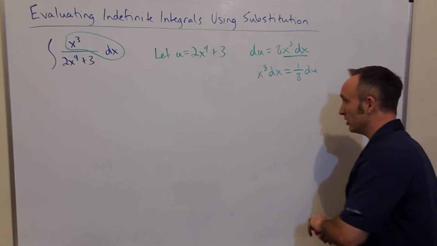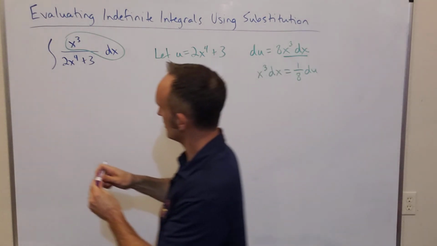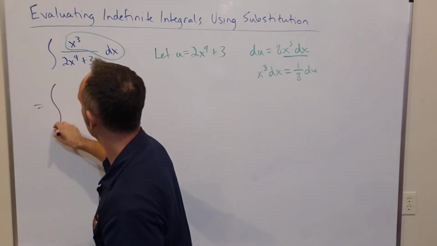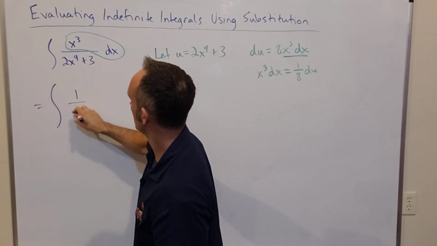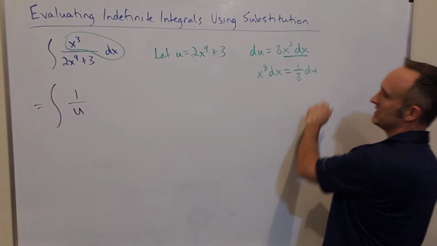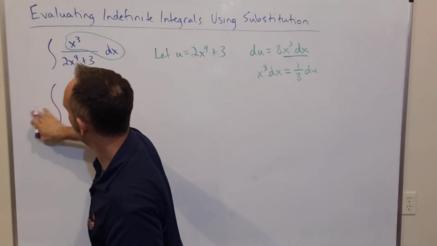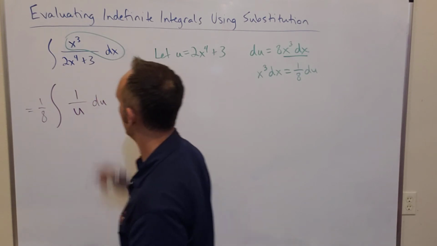So now I'm going to rebuild my x integral with a u integral. So this turns into the integral of 1 over u, and then x cubed dx is the same thing as 1/8 du. So thinking ahead, I'm going to go ahead and put my 1/8 coefficient out here and my du there.